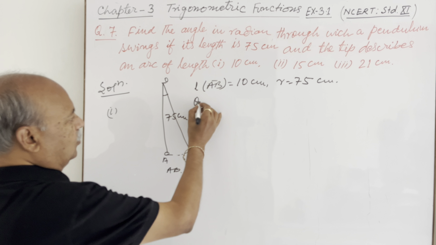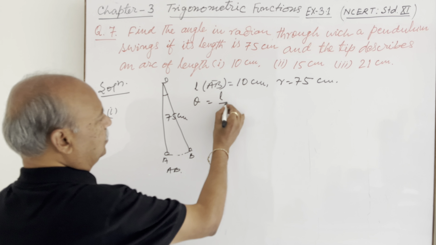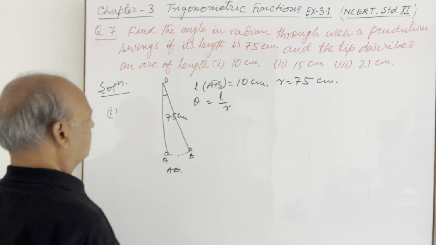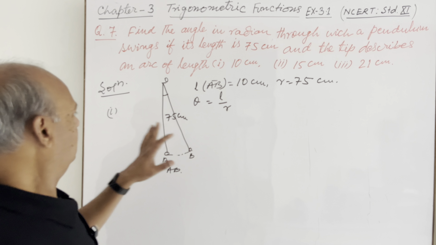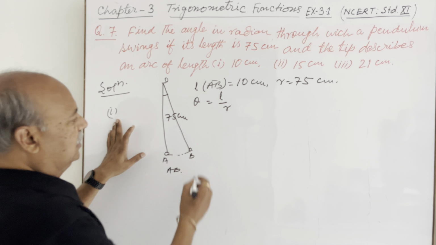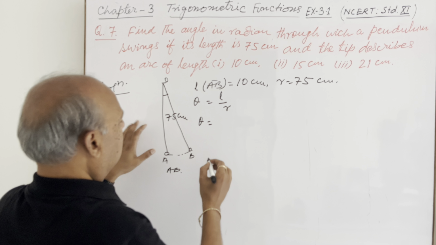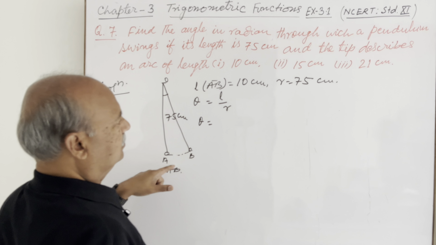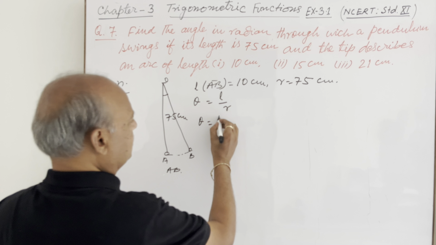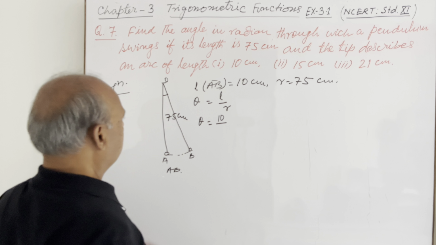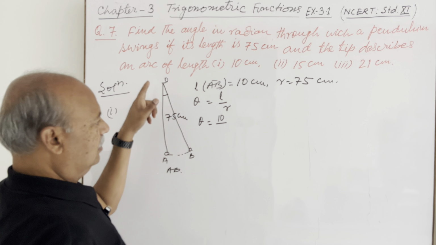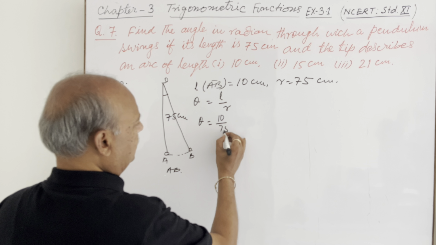So we know the formula, theta is equal to L by R. Using this formula for the first part, central angle theta is equal to L, which is AB, 10 centimeter, and R is the length of pendulum, which is 75 centimeter.